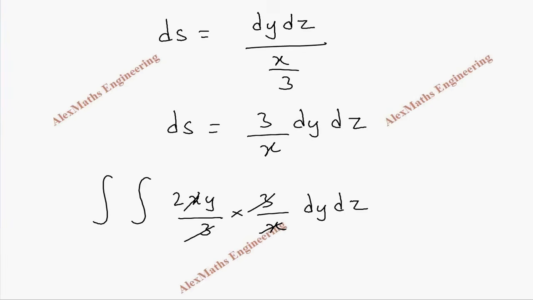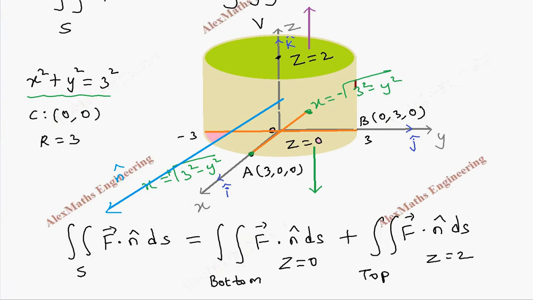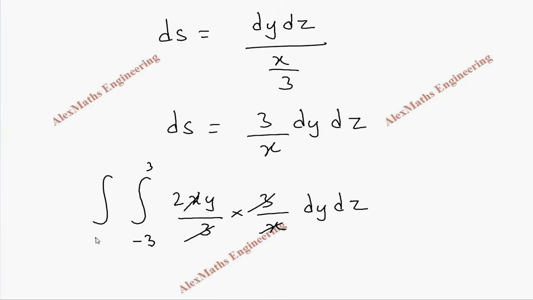And here the limit of y varies from minus 3 to 3, and the limit of z varies from bottom to top, that is 0 to 2.